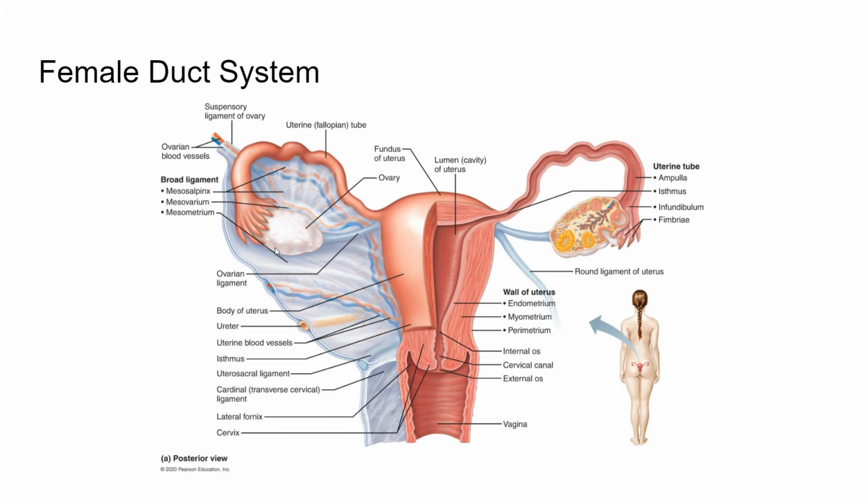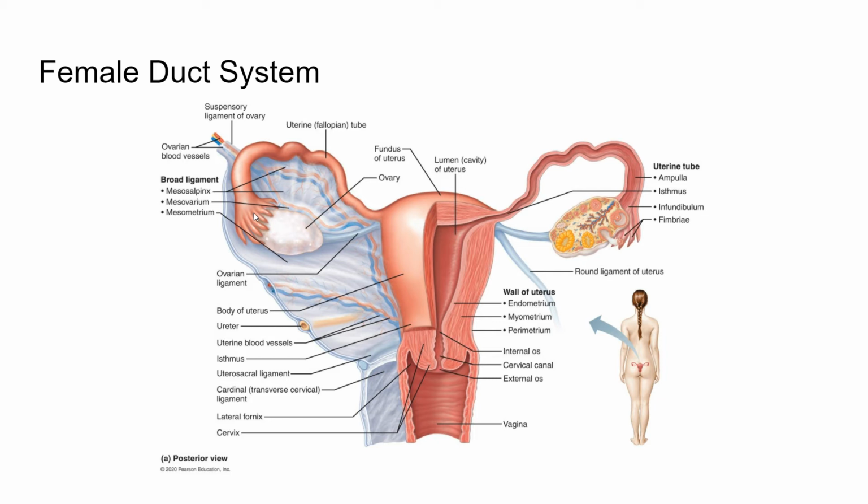First, looking at the uterine tubes. So you can see here are the ovaries, and they're suspended by all of these different ligaments here. And so the uterine tube, or what are often called the fallopian tubes, are not directly connected to the uterus.